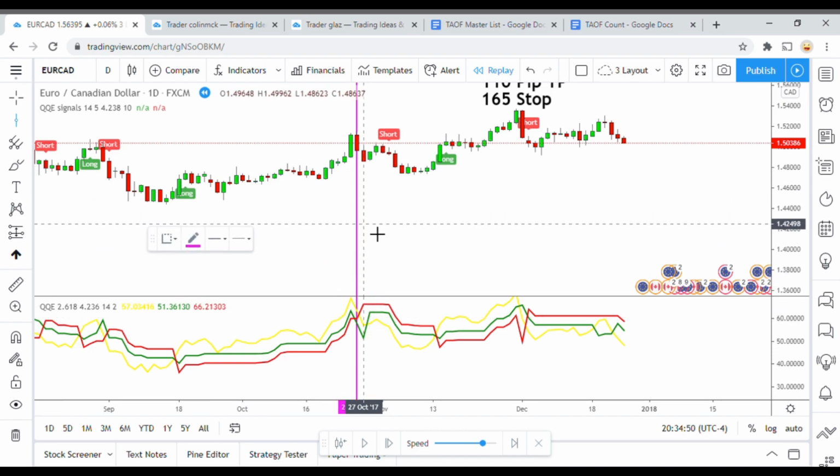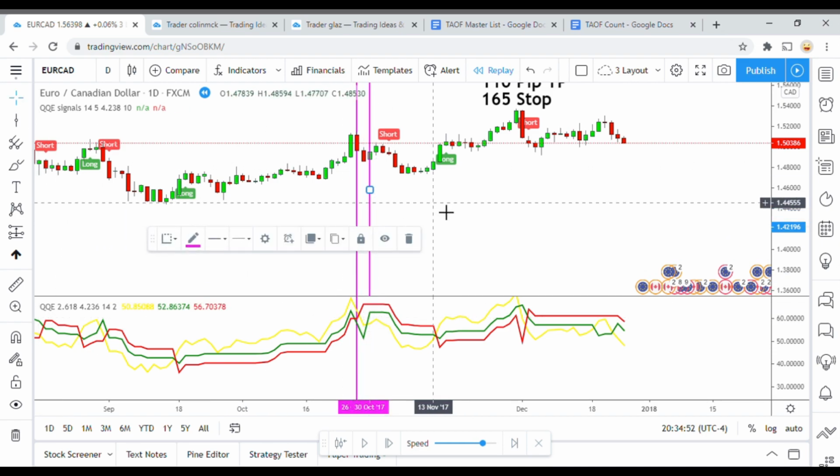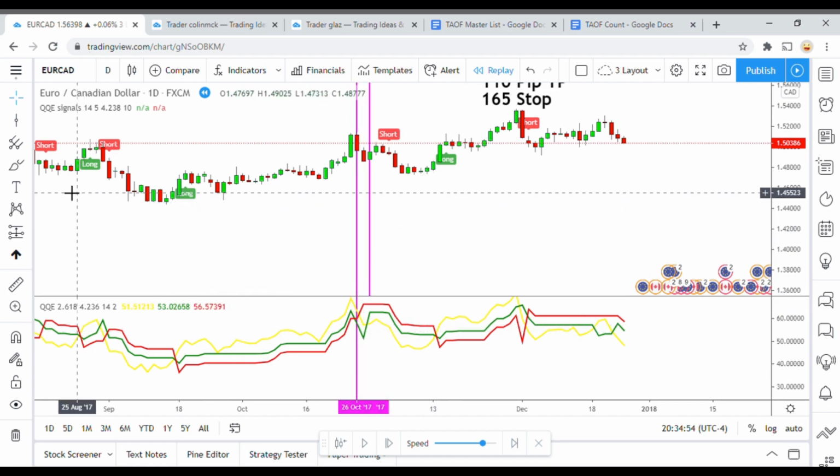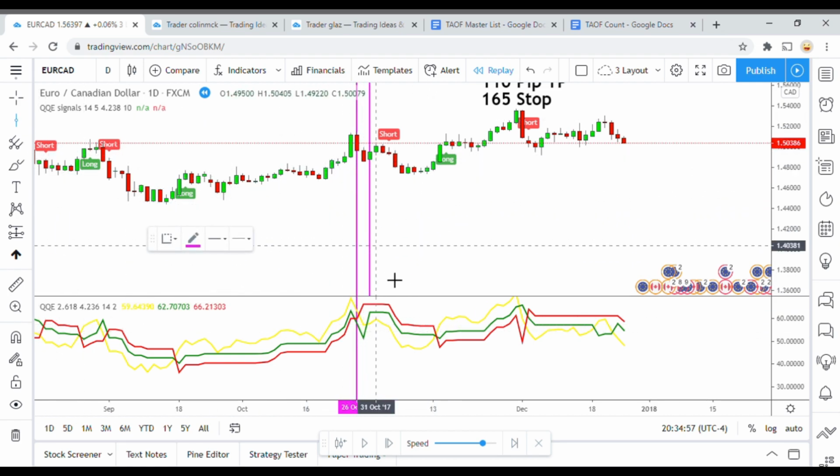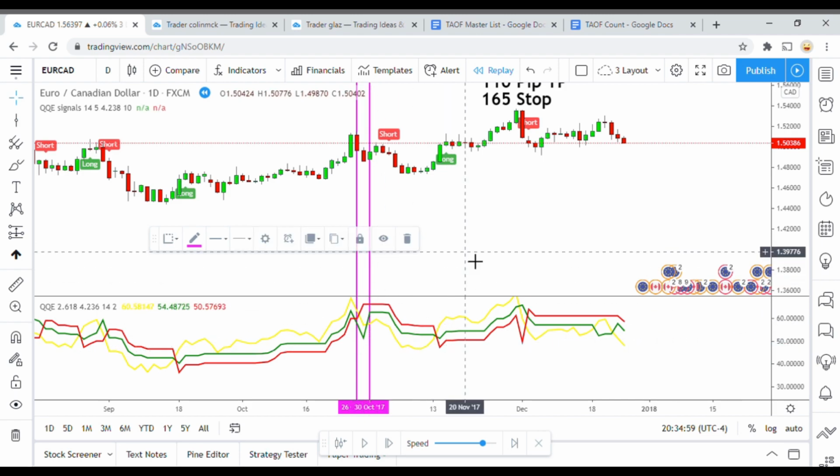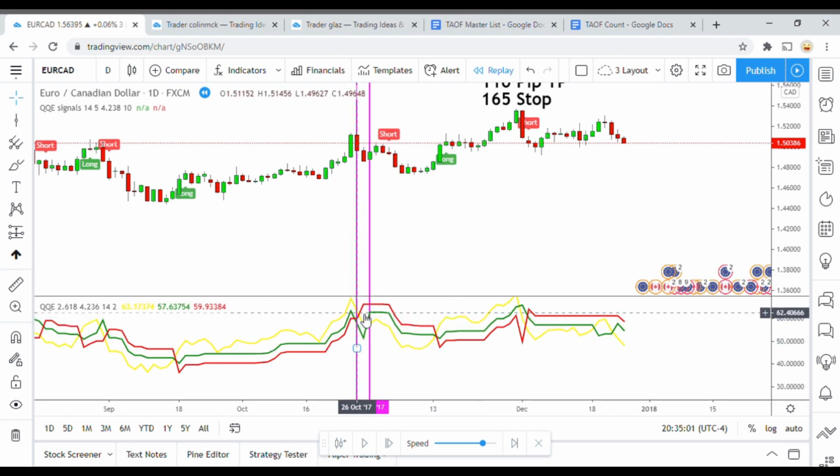And so then we would wait for the yellow line here to break out to the downside. And so we have red on top of the green, and we have yellow breaking down below the green here. And that would be a signal to go short.